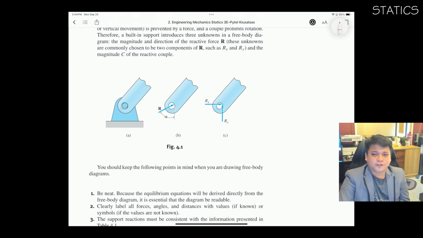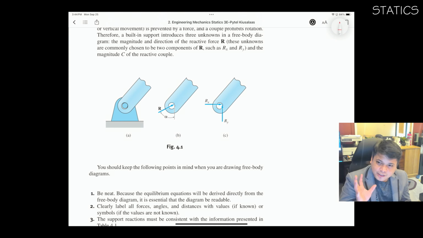Now, after we have discussed all the types of support, dapat po alam natin gumawa ng free body diagram. Ano po yung free body diagram? Kasi kapag sa figure, sa mga problem, given po yung mga supports, okay? Ngayon, ang gagawin natin, kaya po tinawag siyang free body diagram, no? Ibig sabihin, it is free from the supports.